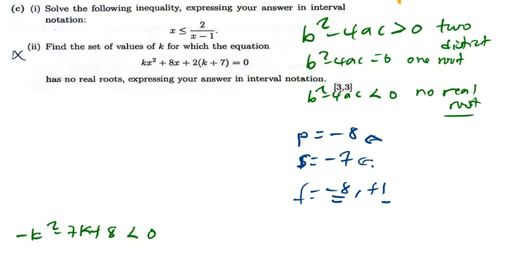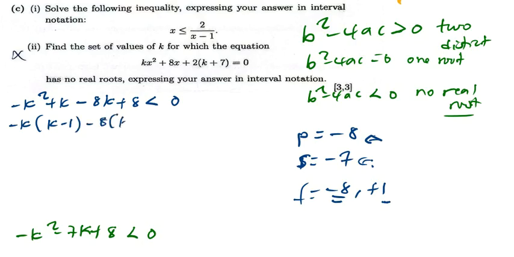Therefore, I'm going to have negative k squared plus k minus 8k plus 8 less than 0. Factor out negative k, open brackets, k minus 1. Factor out negative 8, k minus 1 less than 0.